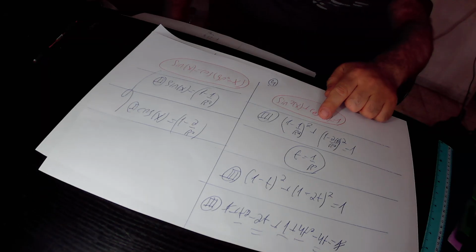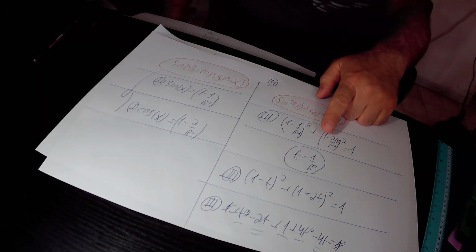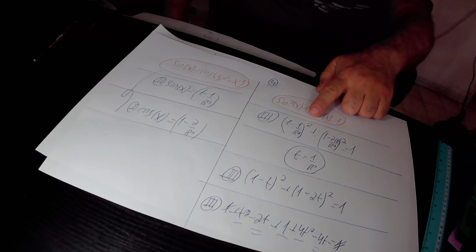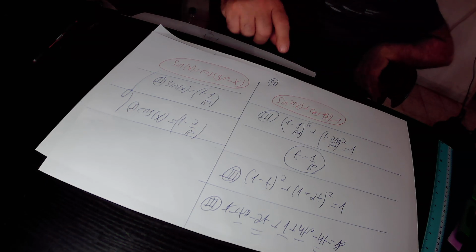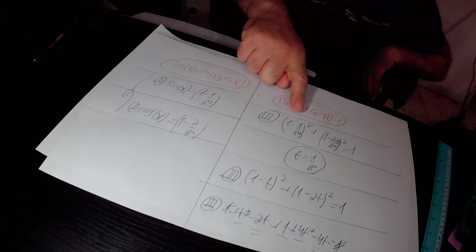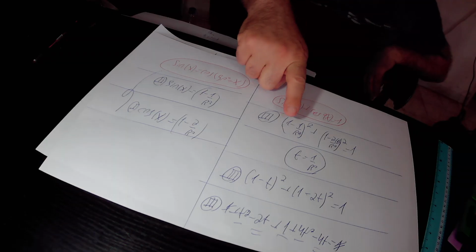So here we define t as 1 over r squared, and then we substitute 1 over r squared in equation 3 by t. So here we have 1 minus 1 over r squared; 1 over r squared is t. So in total, this expression will be equal to (1 minus t) squared.